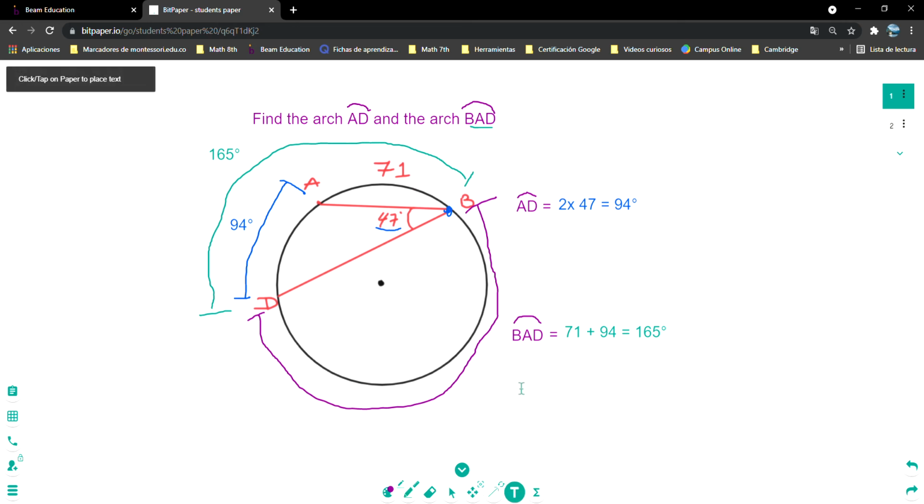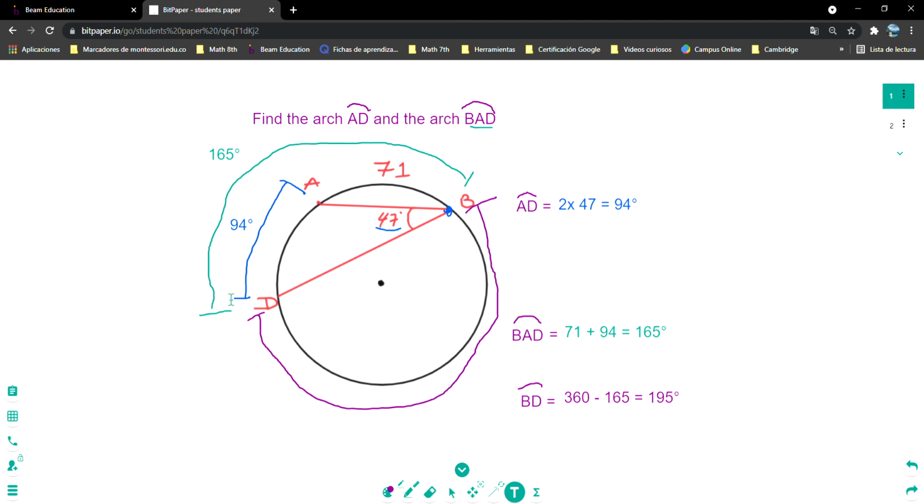So to find the arc BD, we just need to subtract 360 minus 165, minus the green arc. That will be 195 degrees. So that will be the arc BD, the missing arc here, in case they ask you to find it as an additional question.